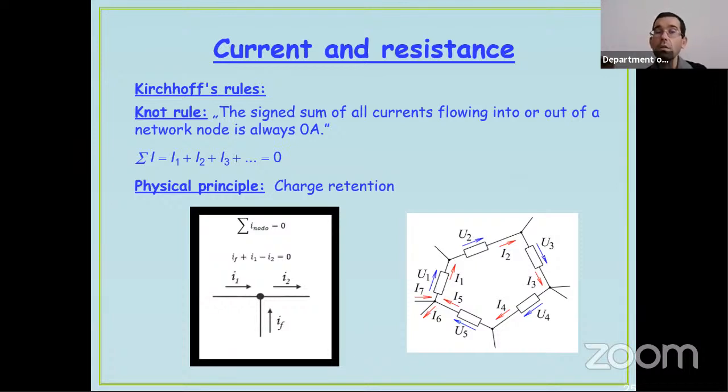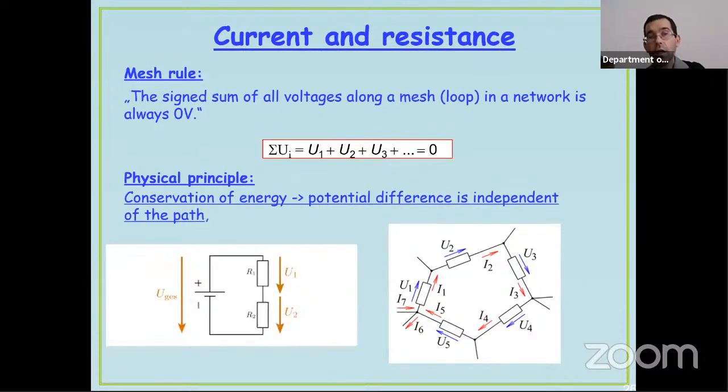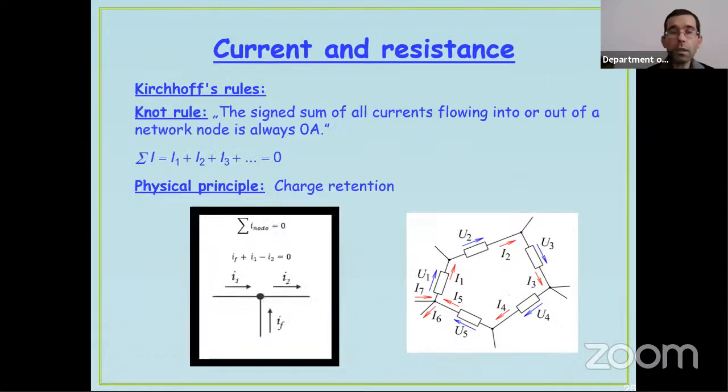And these are the so-called Kirchhoff's rules. Kirchhoff's rules incorporate 2 main rules. One is the knot rule or junction rule, and the other is the mesh rule or loop rule. The first one talks about the conservation of electric charge.